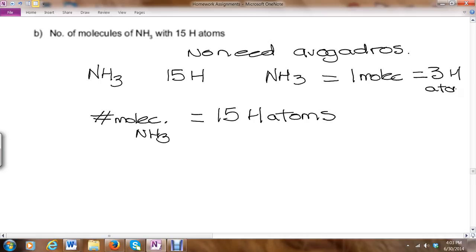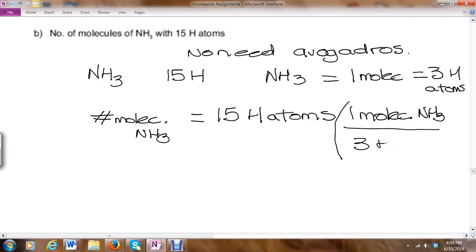So this is our conversion. We multiply by our conversion, the unit analysis. So it is one molecule of NH3, right? Because that's what we want to get, divided by 3 hydrogen atoms.